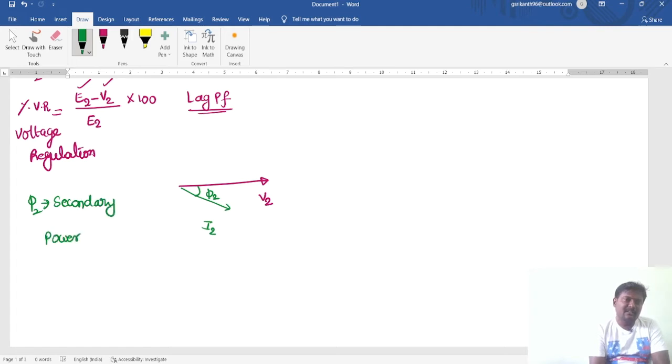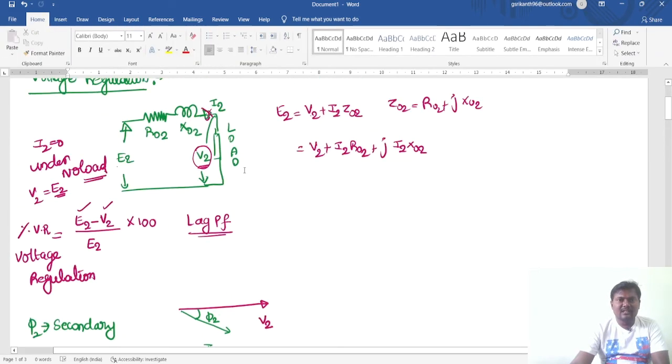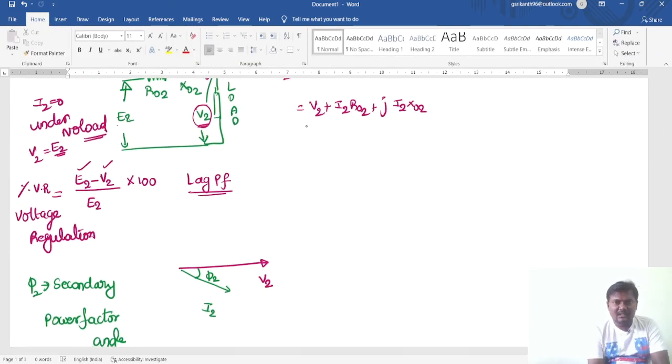Secondary power factor. With respect to V2, I2 is lagging. See the equation, we are adding the I2 Z2 component to V2, then only I will get E2. So the I2 R2 component is added to V2. The I2 R2 component is in phase with I2, parallel to I2.